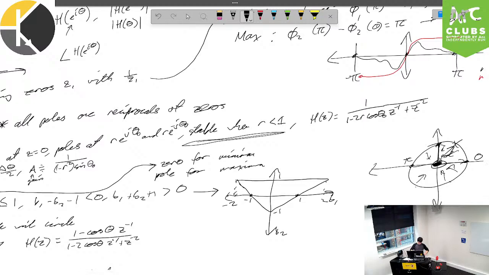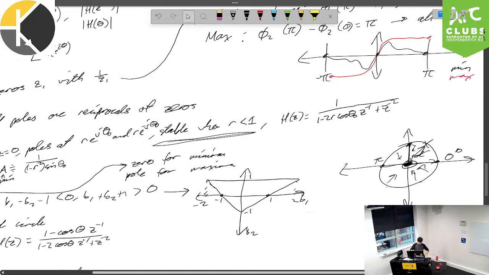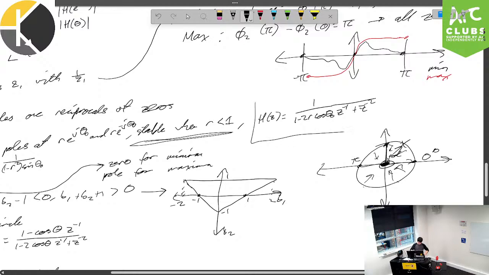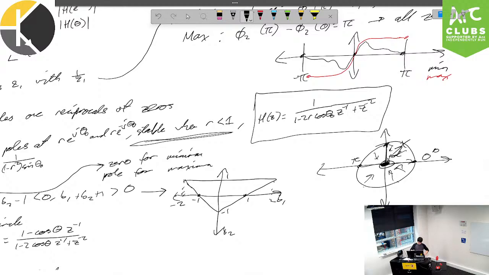You can make it an oscillator by making this equal to 1, but anyways. It will always have a transfer function of this form, and I made a little mistake up here, that should have been to the minus 2. I mean, it doesn't have to be minus 2, that just puts a delay, but anyways, it can be.